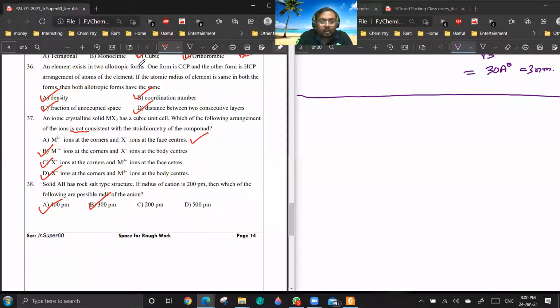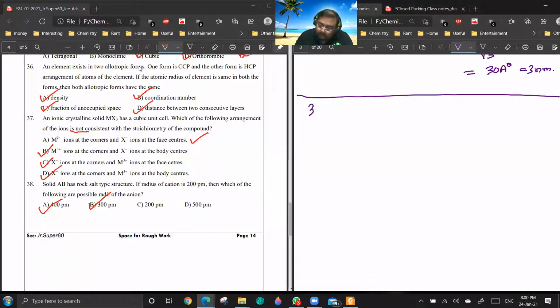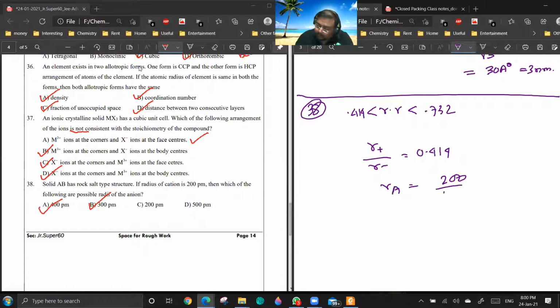38. AB is having a rock salt structure. Cation radius is 200. So what is the range for rock salt structure? Rock salt structure means that the radius ratio should be lying between 0.414 and 0.732. Radius of cation is given, so radius of anion will be 200 by 0.414.